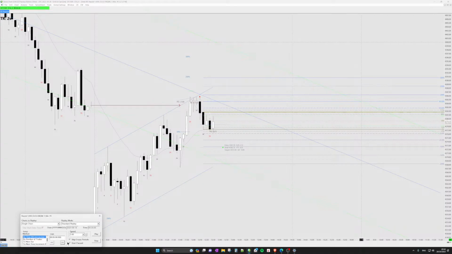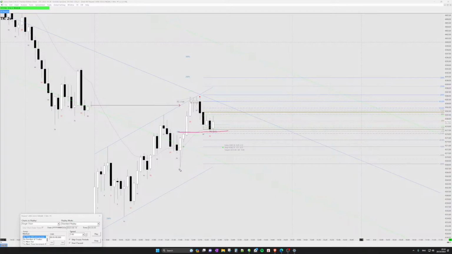Next, okay, now the bears have dropped. This is basically a double lower low, double bottom, like a two-bar reversal. At the moment, it's a higher probability trade for the long rather than the short.